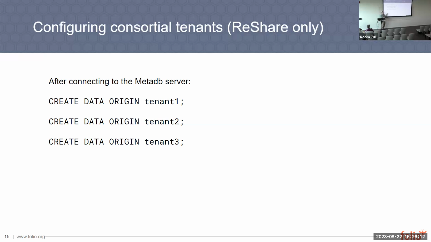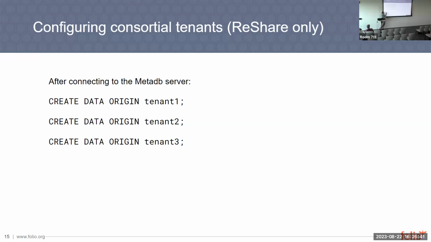And so ReShare is not actually all of the library's data, it's just the resource sharing data for the consortium and for each library within the consortium. So let's say, like in ReShare, you have a patron request table. Because it's using FOLIO's multi-tenancy, each tenant gets its own patron request table.